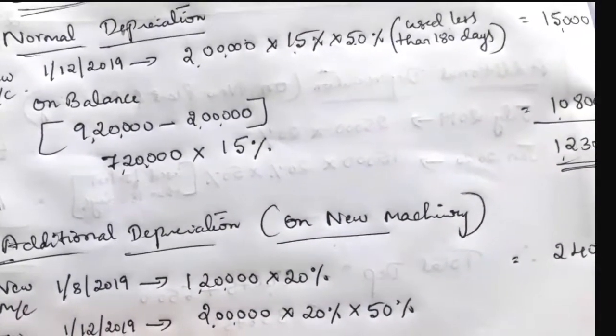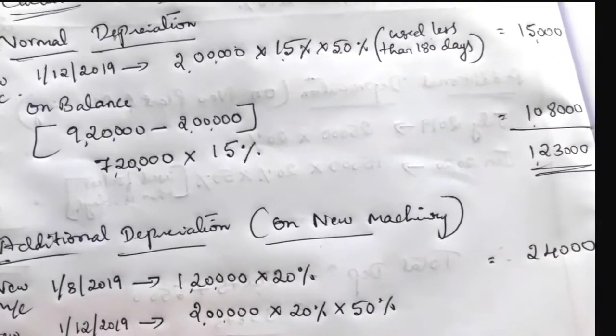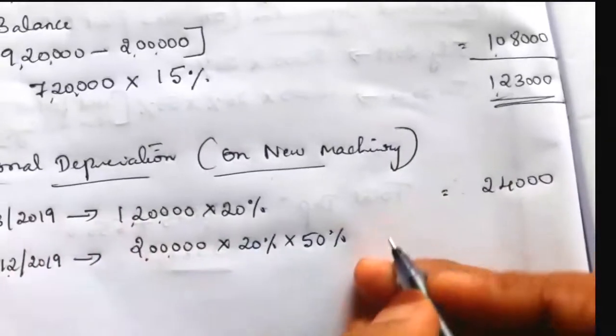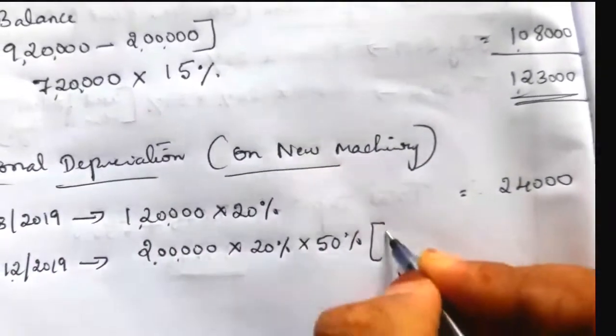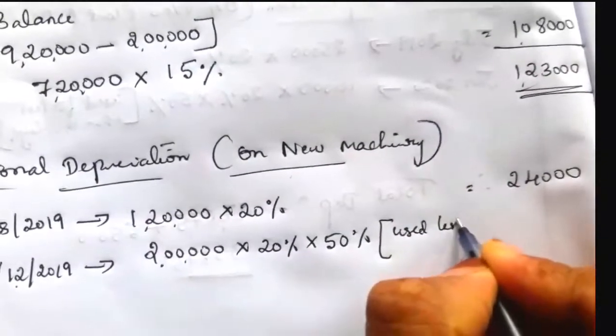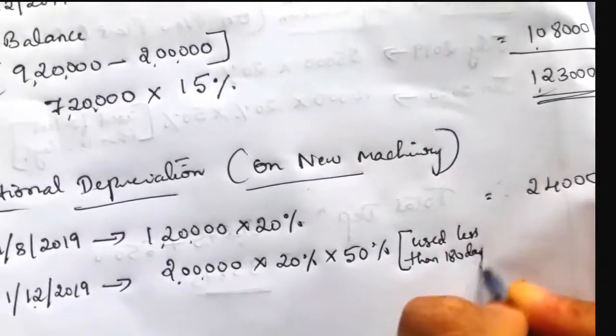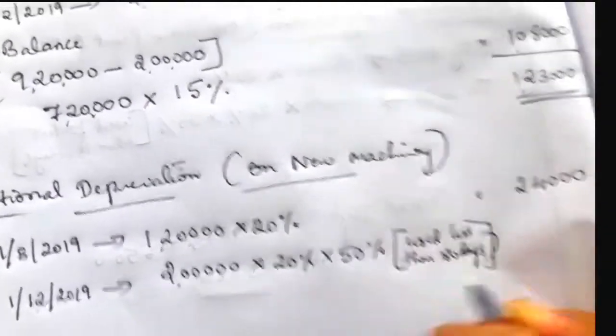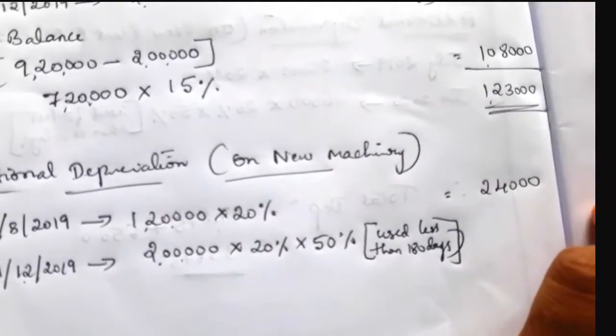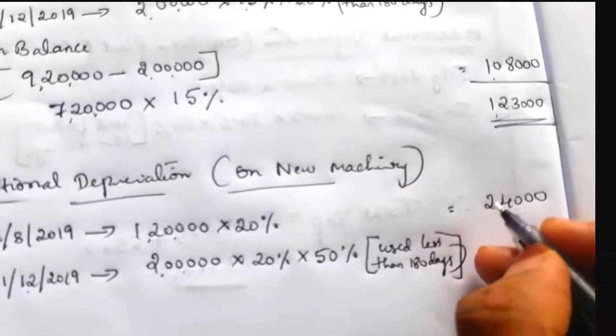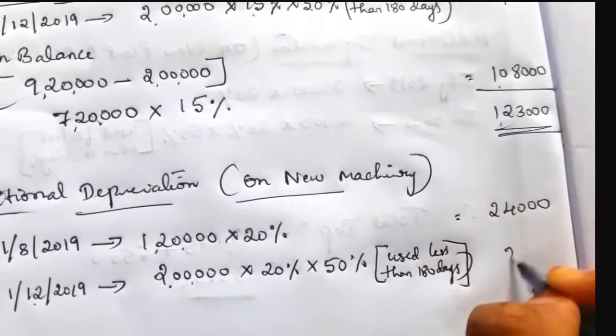So 4 months means around 120 days is used in the business. So less than 180 days used, so we have to charge 50% depreciation.